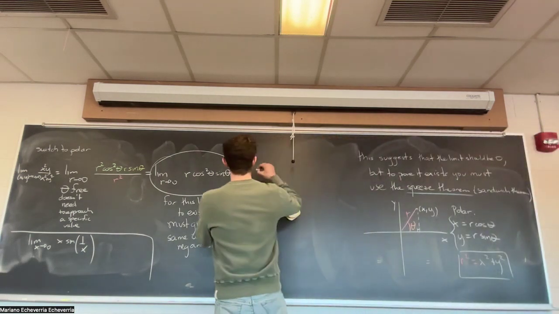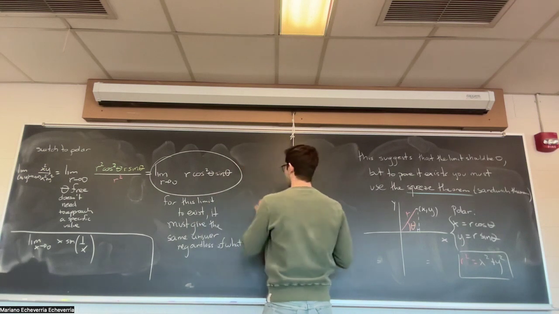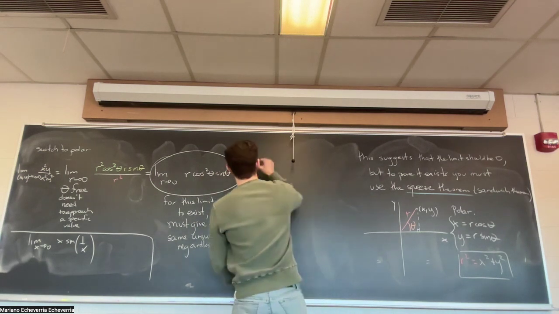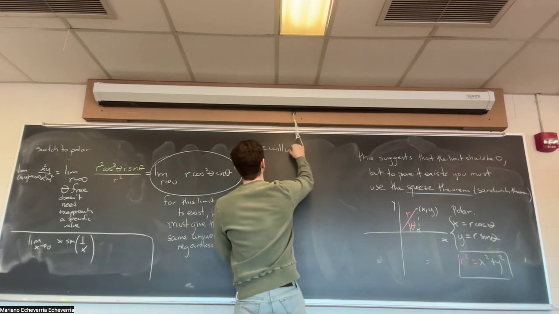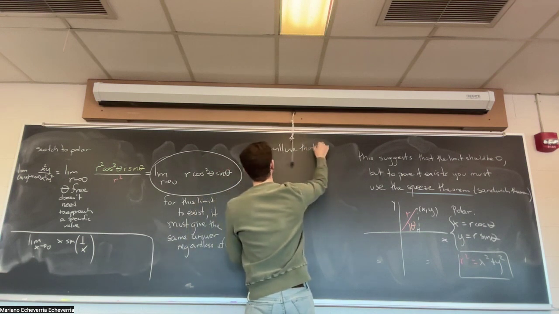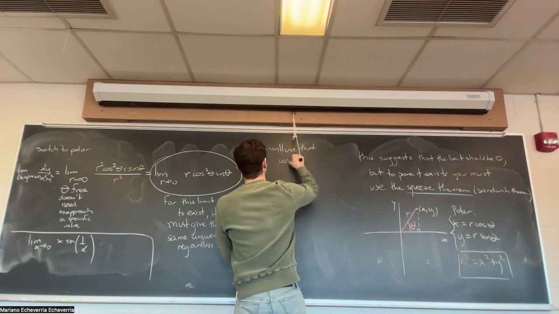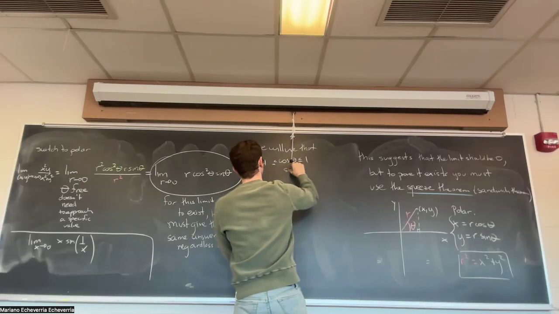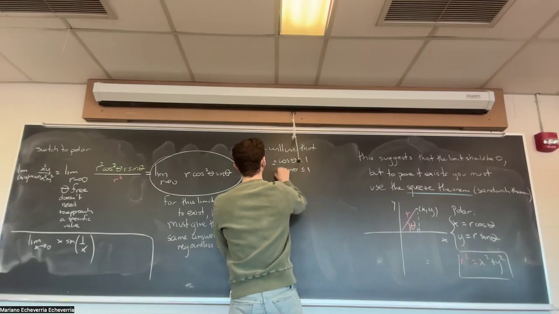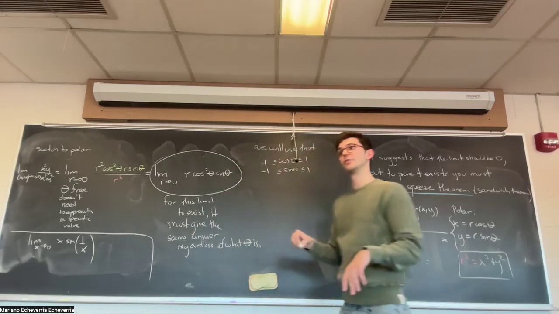So what we're going to use, and this is again the most important part for the squeezing, is that cosine of theta is between -1 and 1, and the sine of theta is between -1 and 1, regardless of the value of theta, right?